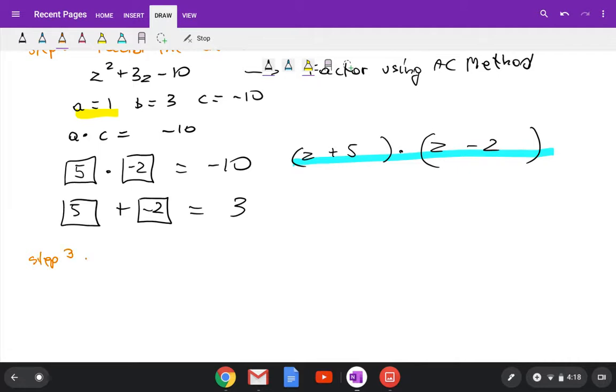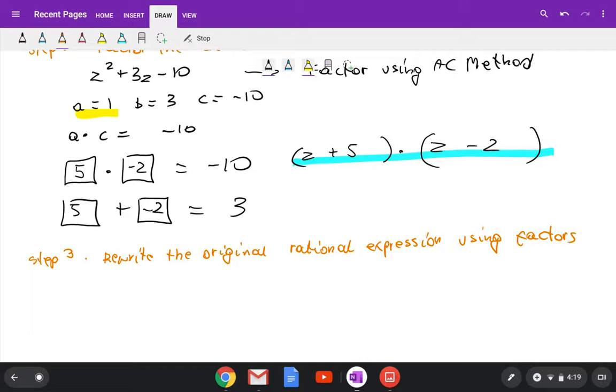Step 3 is rewrite the original rational expression using factors.